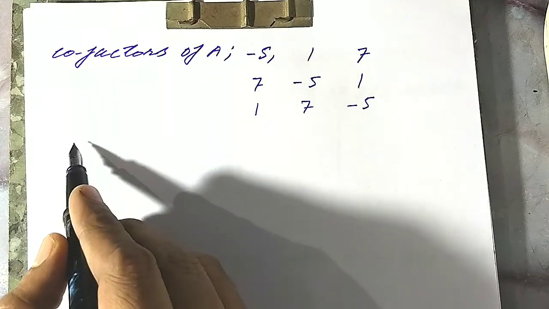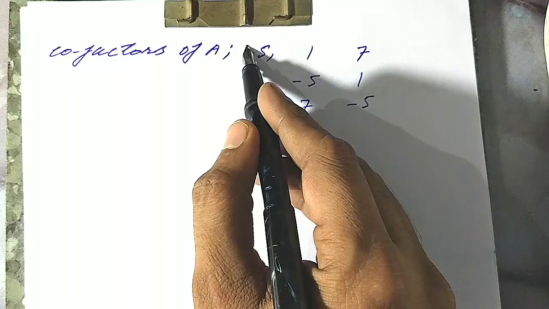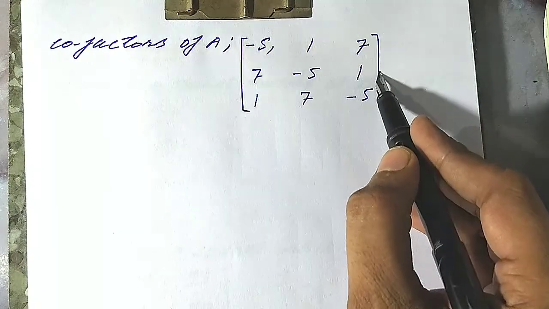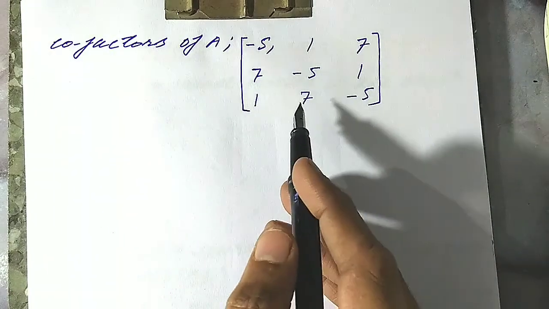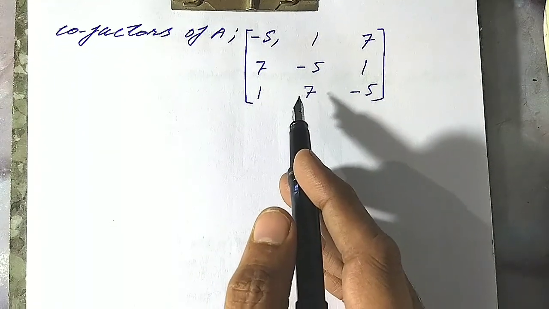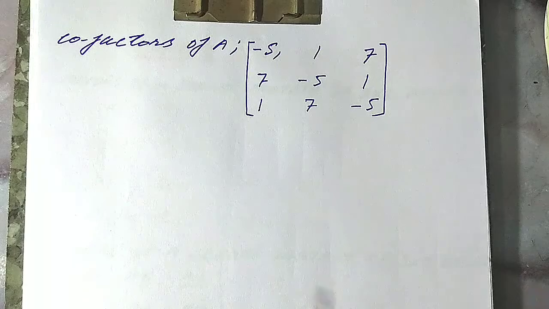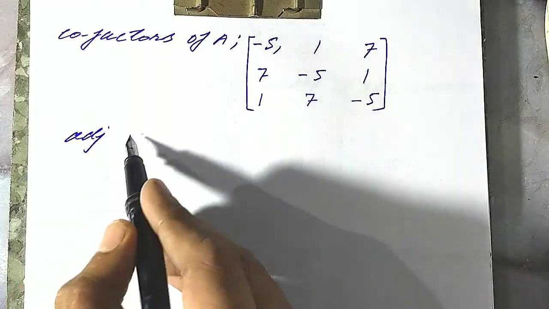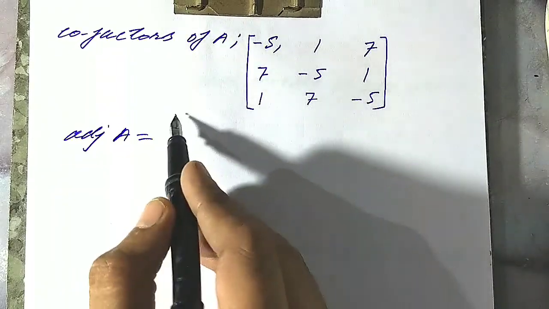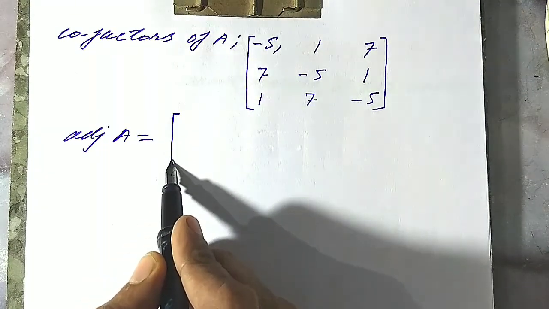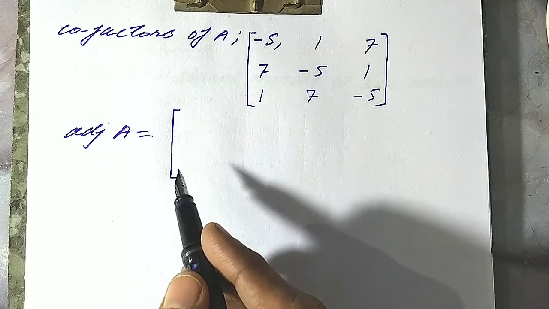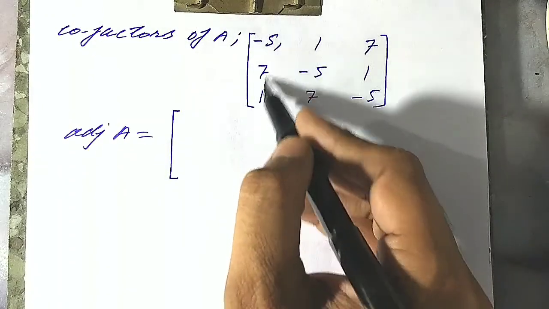Now the cofactor matrix is the matrix of these cofactors, and the transpose of this matrix is said to be adjoint of A. So we find adjoint of A by taking the transpose of this matrix. In transpose, as you know, we interchange all the rows and columns. So first column becomes first row.